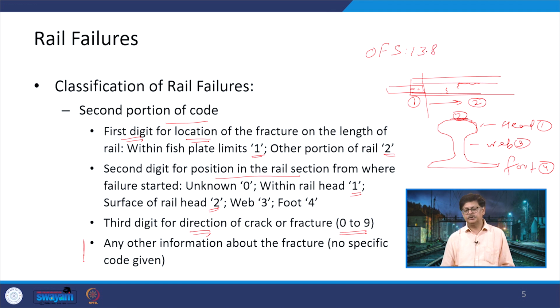So, OFS 138 means it is a plain rail section which is being fractured due to the rolling stock, these three information, and the 1 is that it has happened in the fish plate area, and the 3 is that this is happening in the web area. So, this web area is there where the fish plate is being jointed, and 8 is the direction in which it is moving. So, that is how the overall code itself will give you the information. There is no need to write up all of these things in detail.